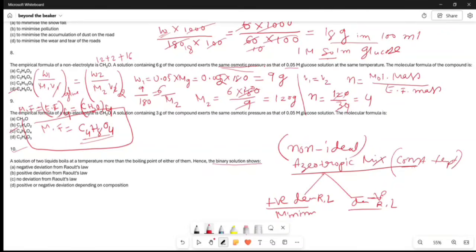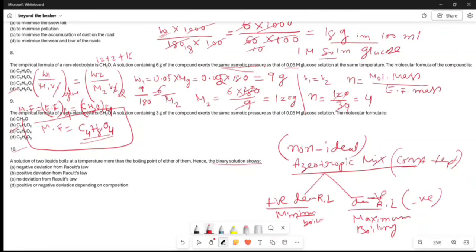A liquid solution showing a negative deviation forms maximum boiling azeotropes. So in azeotropes we have two types: minimum boiling azeotropes and maximum boiling azeotropes.